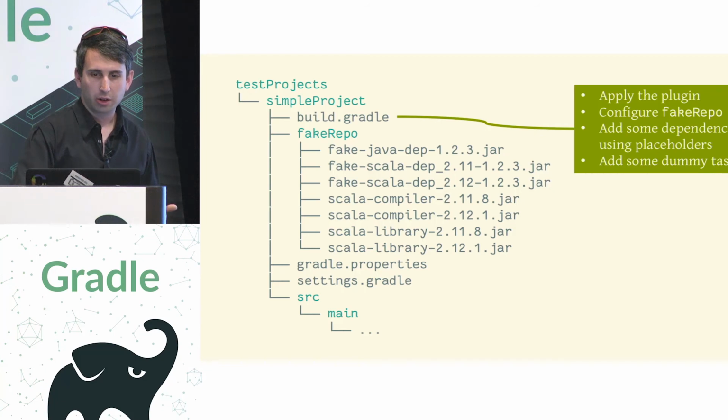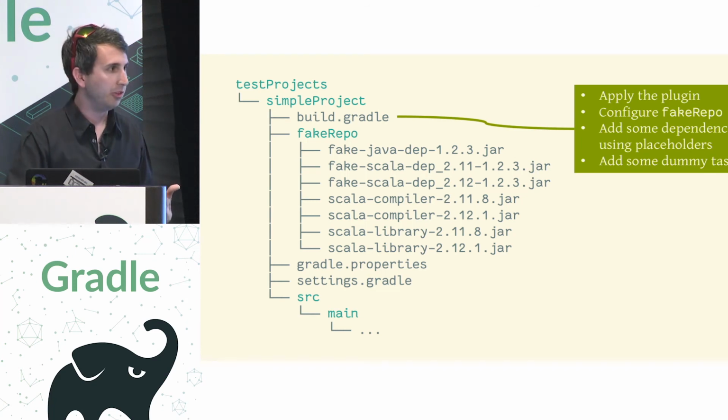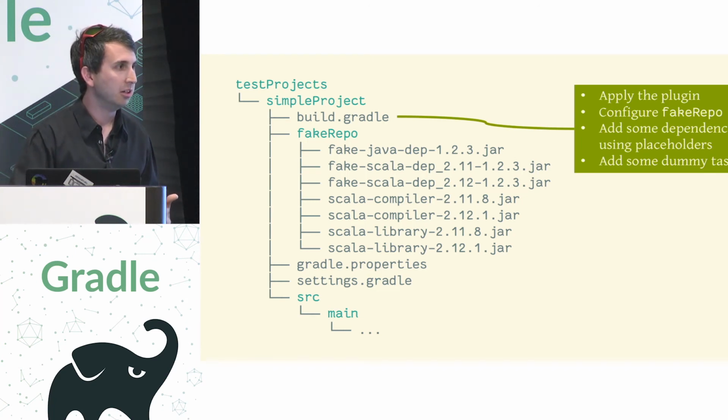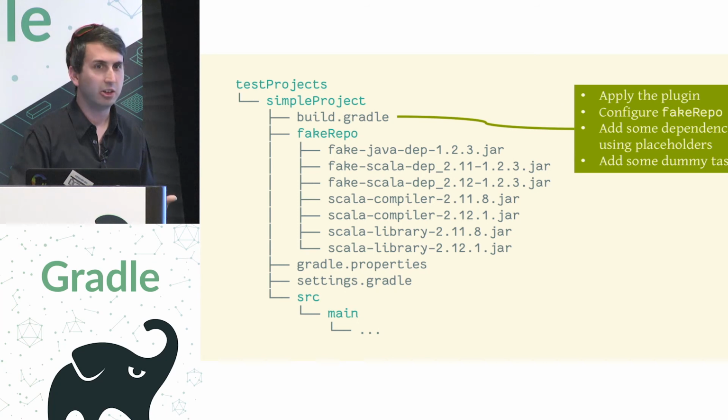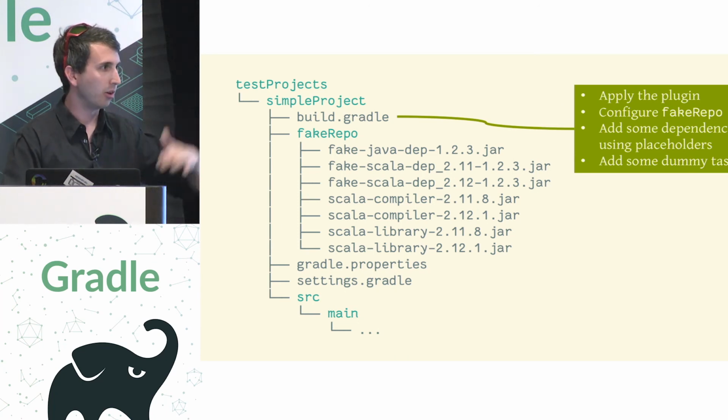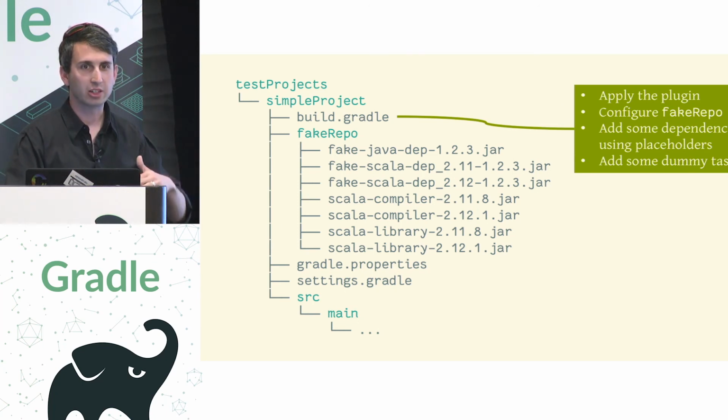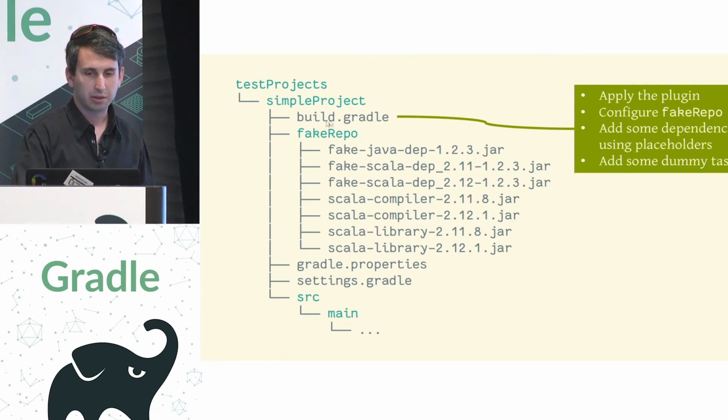And then this is sort of another thing that I used. I probably could have built up these test projects programmatically in the test bench, but I found it easier to sort of write out a simple project scaffold in the source code and check it in. And so I've got a little simple project in my source code that's got a build.gradle that applies the plugin.